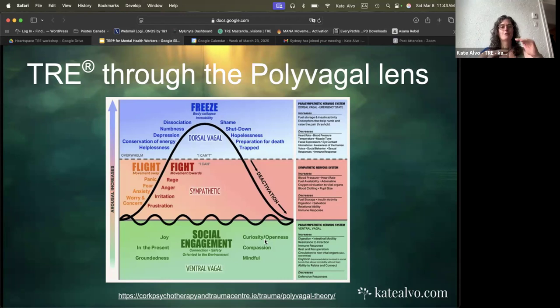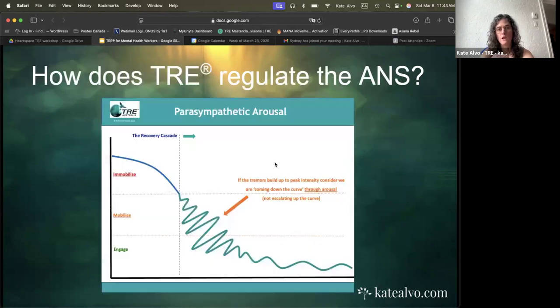As things start to amp up with danger or perceived danger, we're going up the curve into fight or flight, and then when that is perceived as too much for the body to handle, or that state is not able to help us through or get us to safety, then we go into freeze. So how we can understand TRE through this is that after we've been in a dangerous situation, the body has to go back through this activation. Sorry, hang on. To get itself down.